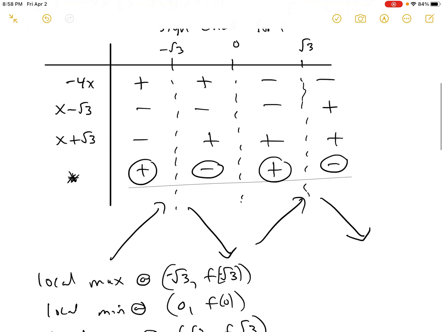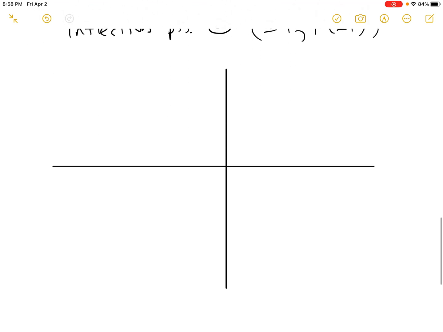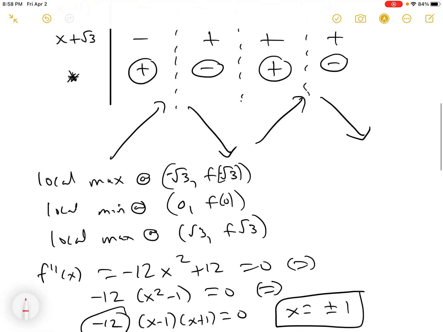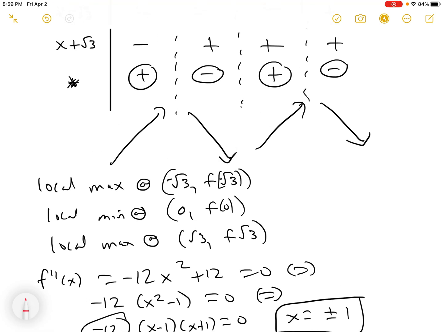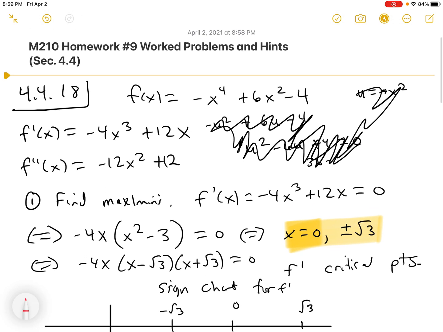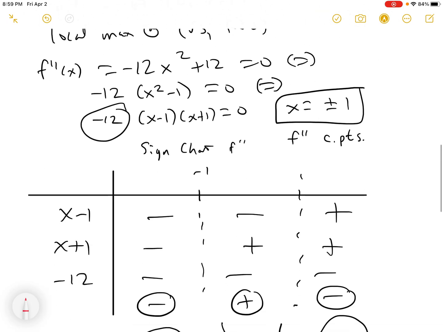The y-intercept's at minus 4. So there's that. We know... God, I don't want to do this, but I think I have to. Oh, okay. Here we go.